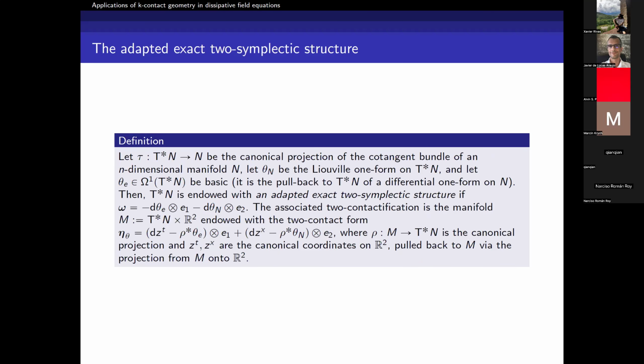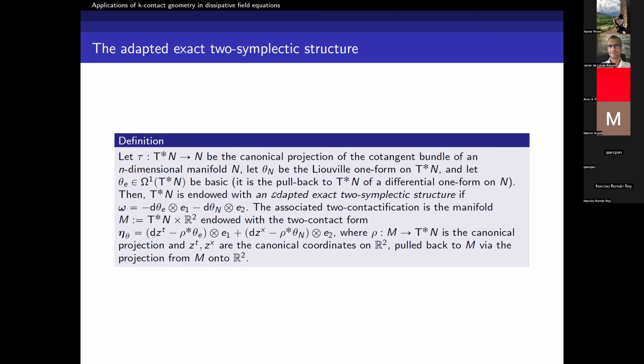So now I will talk about the adapted exact k-symplectic structure. It will be a bit different construction, but it will be very useful, because I think half of the applications use it. We have a canonical projection onto some n-dimensional manifold. We have the Liouville one form on the cotangent bundle, and we have some basic one form.